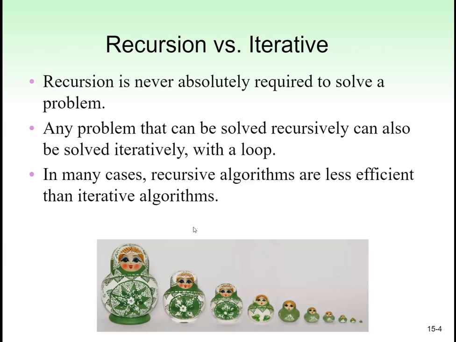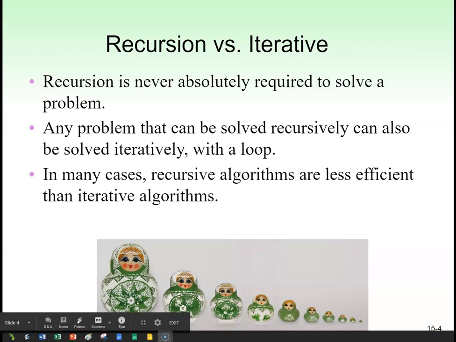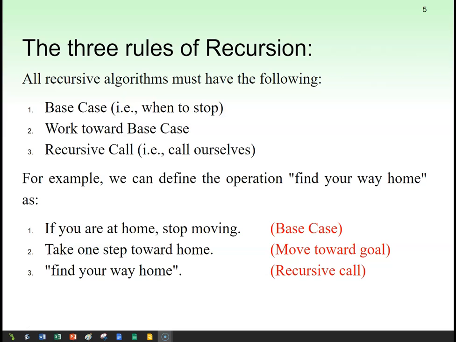Recursion is sometimes a lot less efficient just because there are many tasks that a recursive function calls, where an iterative solution just uses the loop and completes the task from there. A recursive algorithm always has to be made up of certain parts.